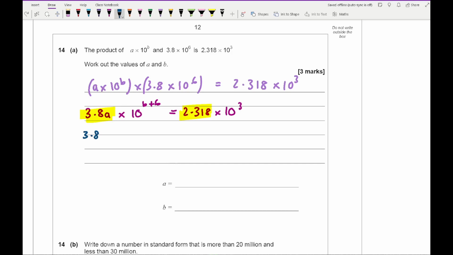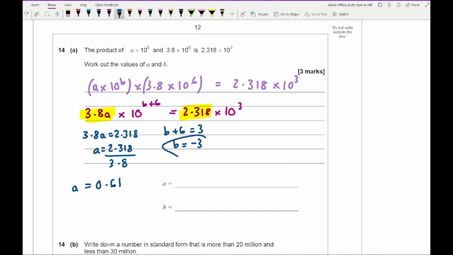So 3.8a equals 2.318, so a equals 2.318 divided by 3.8, and if I type that into my calculator, that gives me a value of 0.61. And then b plus 6 equals 3, so b equals minus 3.